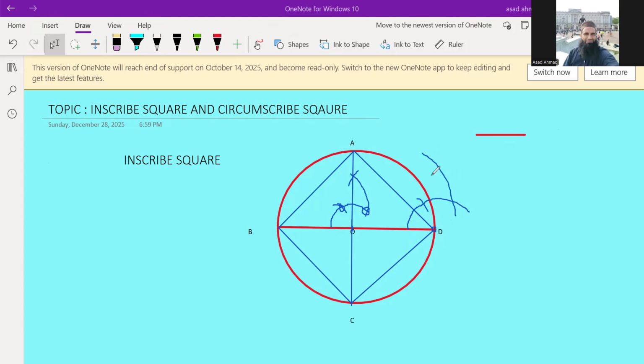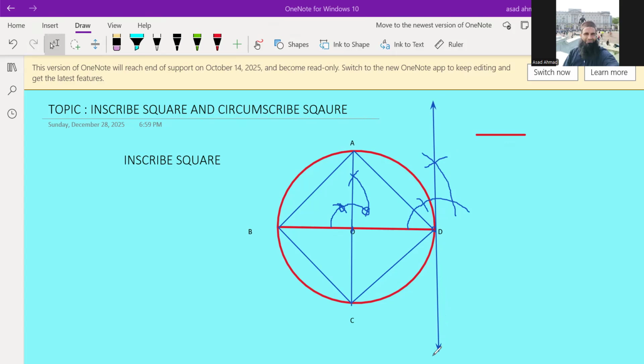It will be of this form, and you have to make one line for the 90 degrees like this one. It should touch the circle at point D, and by joining D to the point of intersection of arcs, you will get this entire line.